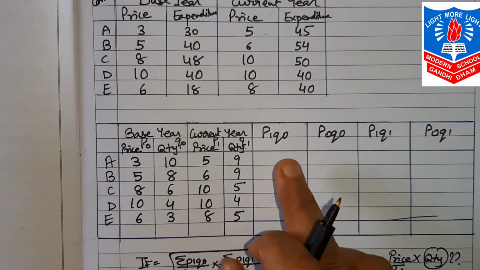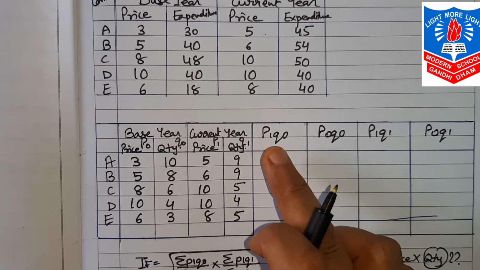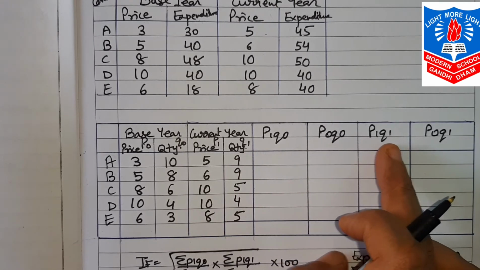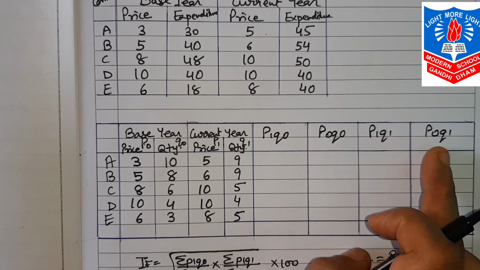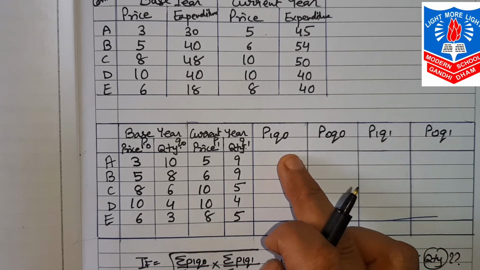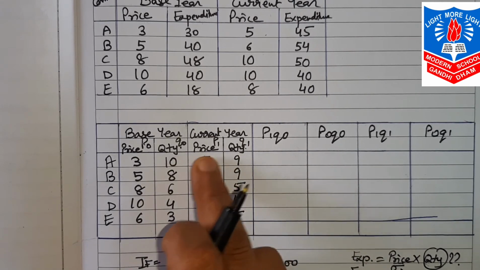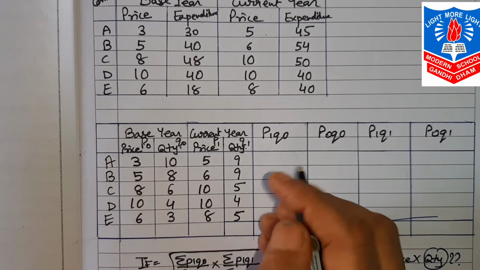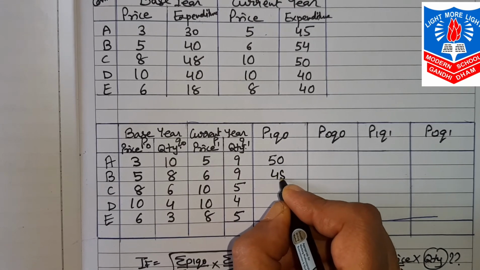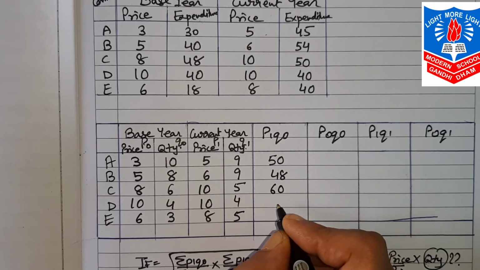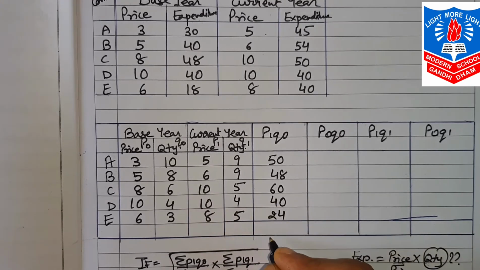As we discussed before, always go in sequence: P1 Q0, P0 Q0, P1 Q1 and P0 Q1. First we multiply P1 and Q0, which gives 50, 48, 60, 40 and 24.